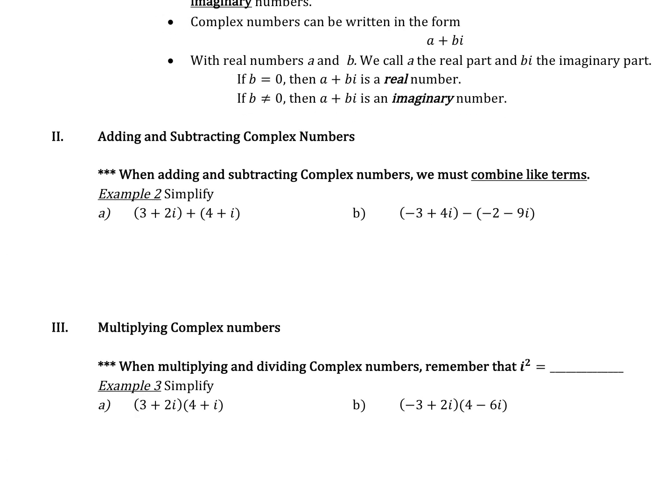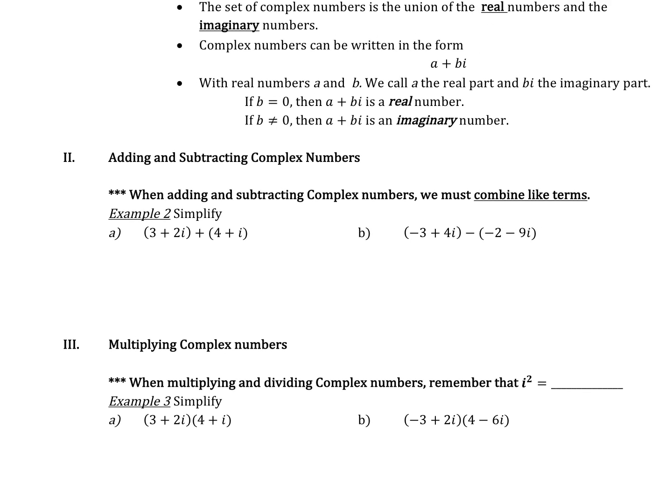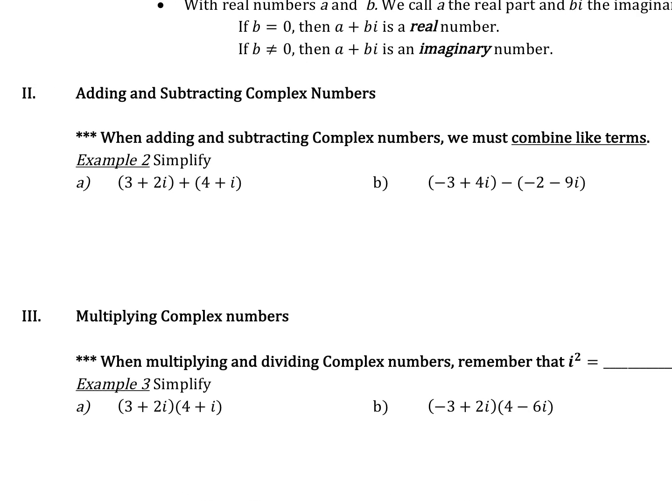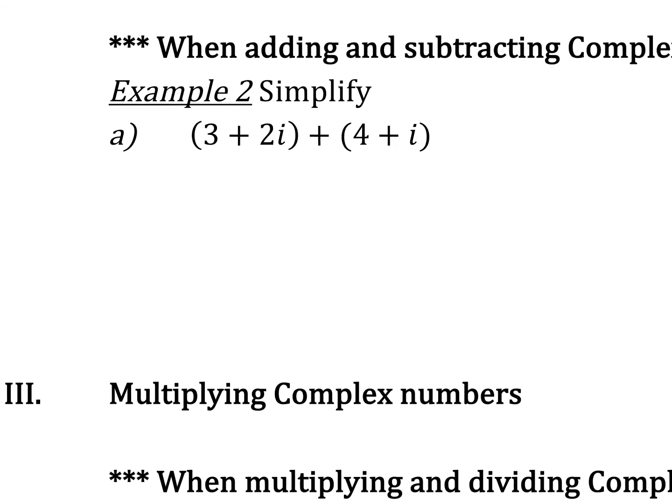So how do we work with these complex numbers? So the key here, first of all, when adding and subtracting, we want to treat them just like variables. We're going to combine like terms, and so it works pretty nicely because if you didn't know anything about complex numbers, but you just knew something about algebra, and I showed you this picture, what would you do?